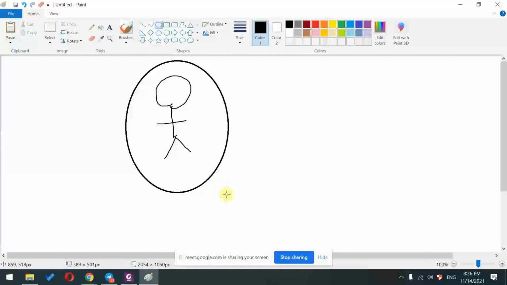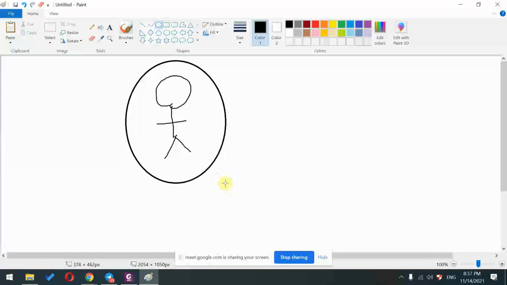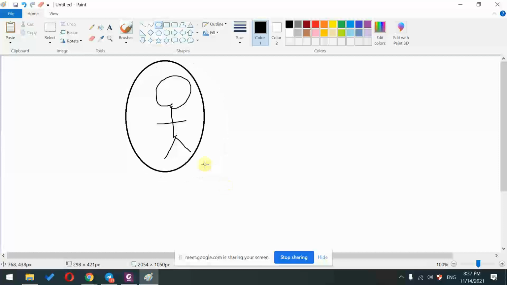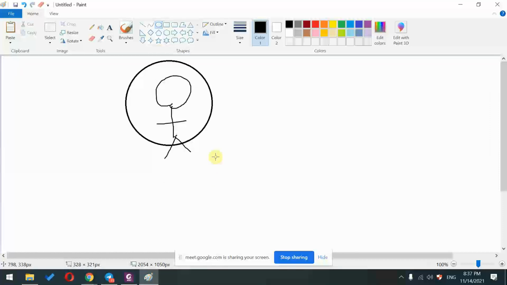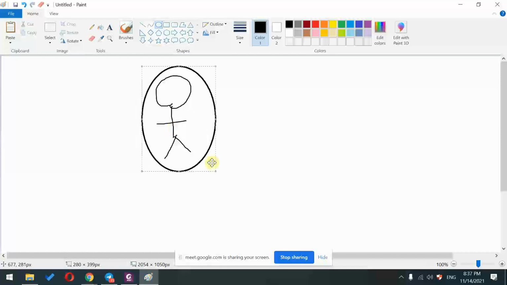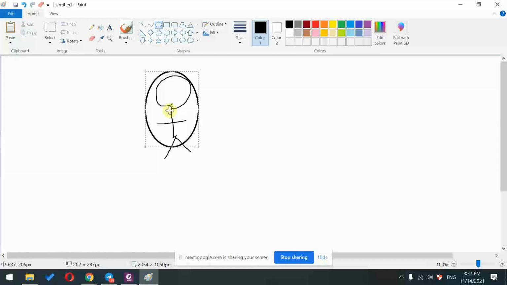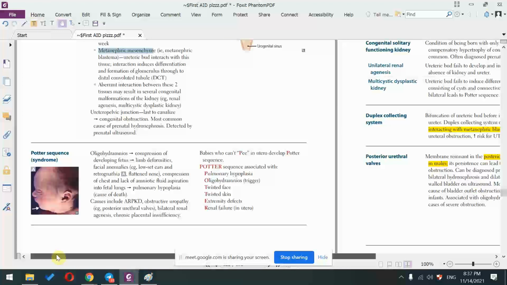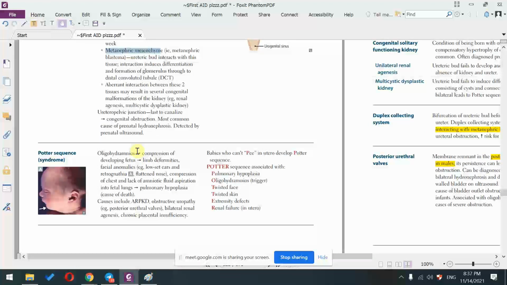So without an ureteric bud, you will not have a collecting duct, you will not have a ureter, you will not have pelvis, you will not have calyces. In addition, the ureteric bud will not be able to interact with the metanephric mesenchyme. If that is the case, you will not have metanephric mesenchyme. So you will not have a glomerulus, you will not have a proximal convoluted tubule, you will not have loop of Henle, and you will not have a distal convoluted tubule. You will have nothing. Exactly. Good.